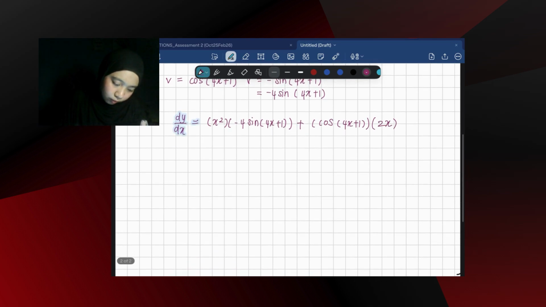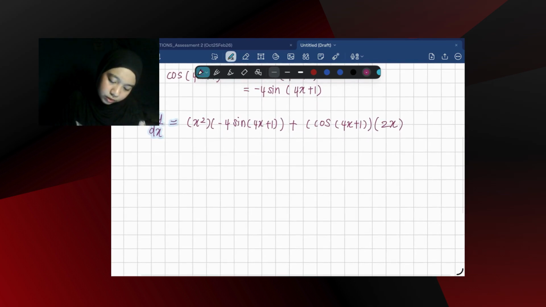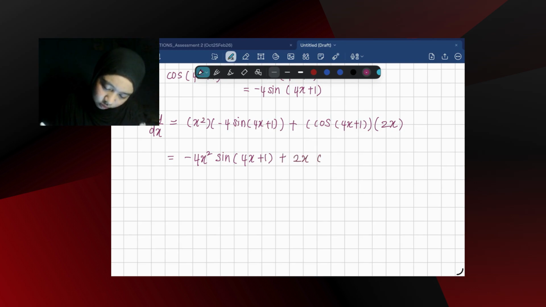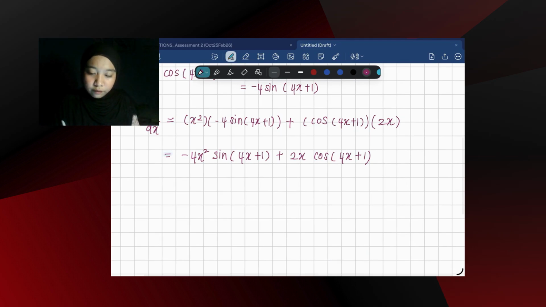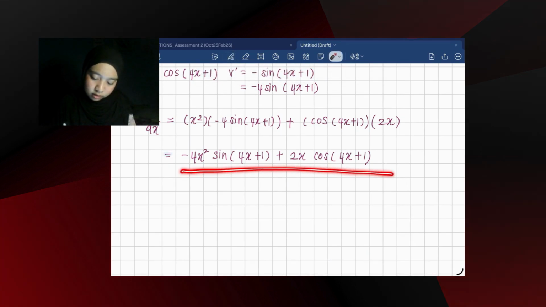After that, we need to simplify this equation, and we get negative 4x squared sine 4x plus 1 plus 2x cos 4x plus 1, and this will be our final answer.